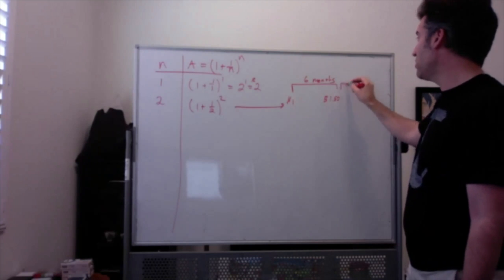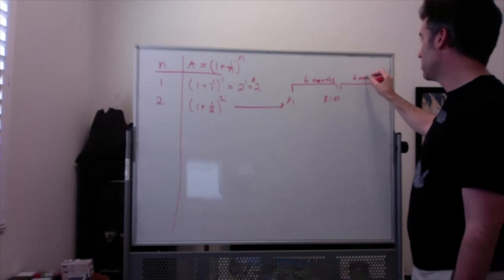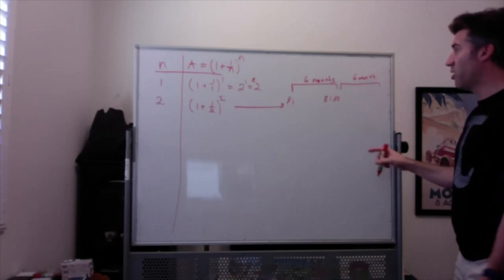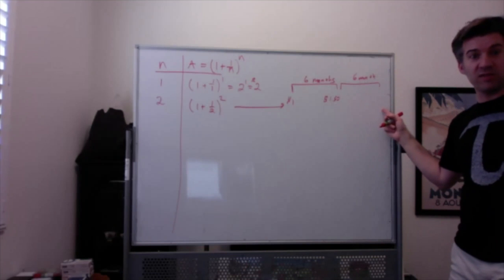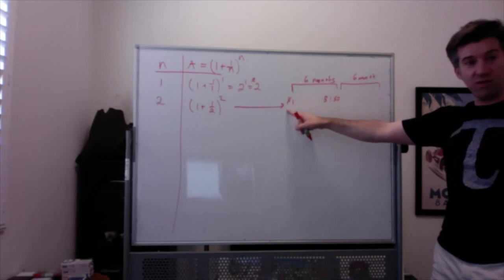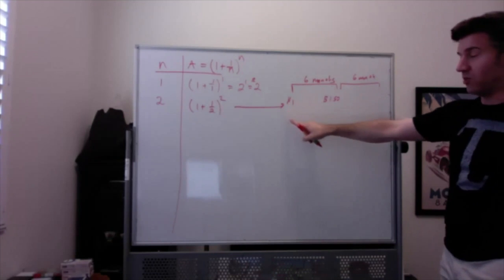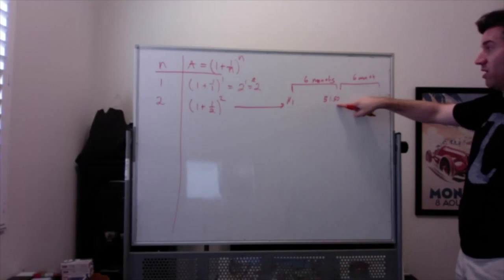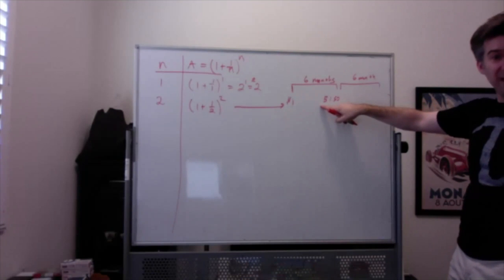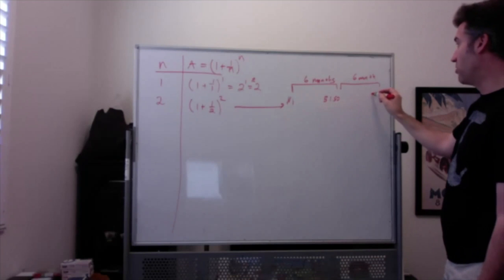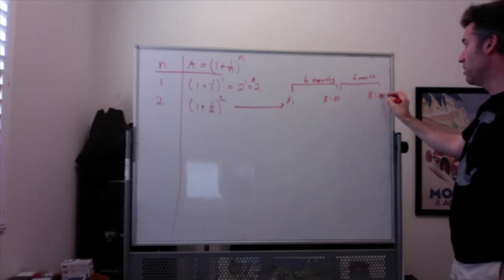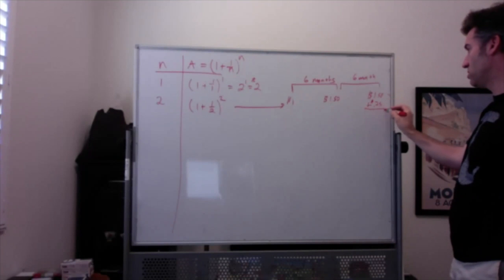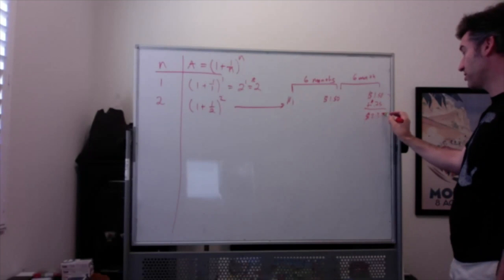And then after another 6 months, you're going to owe me the other 50% of the interest, but it's not 50% on the dollar, it's being compounded. So you owe me 50% of interest on the $1.50, which is 75 cents. So you're going to owe me really $1.50 plus 75 cents, which is $2.25.